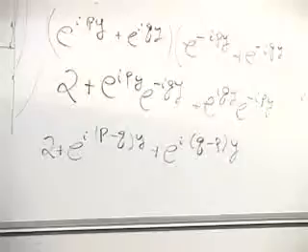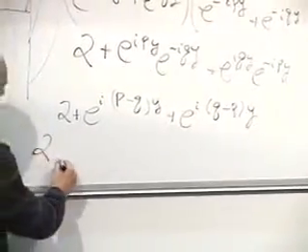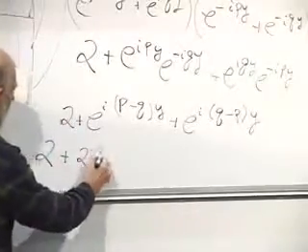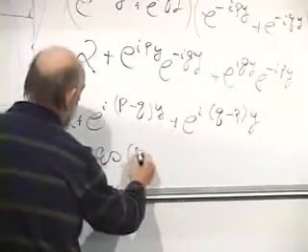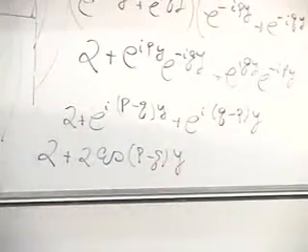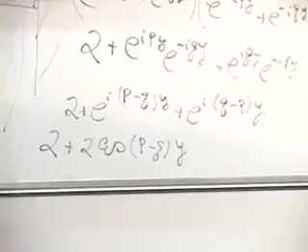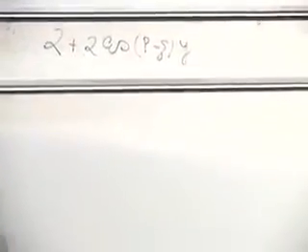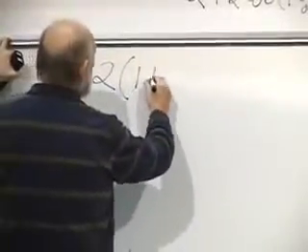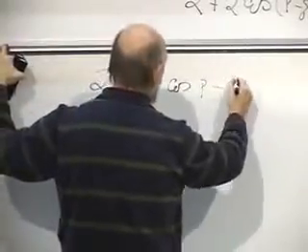Twice cosine. So this becomes 2 plus 2 cosine of (p minus q)y, or even simpler, just twice 1 plus cosine of (p minus q)y.